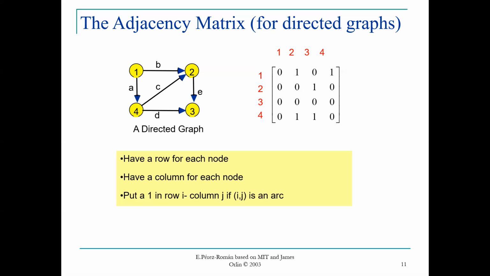You see that node 3 has no arrows coming out of it, so there are no 1s in that row. And then finally, we have node number 4 with two arrows pointing from 4 to 2 and 4 to 3. So that's why we have two 1s in row number 4.